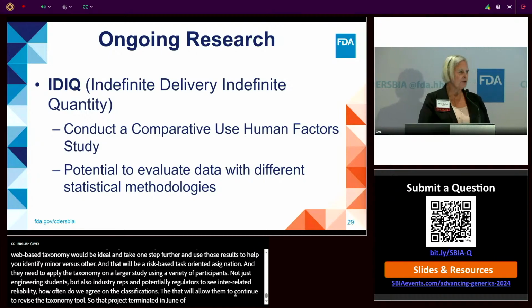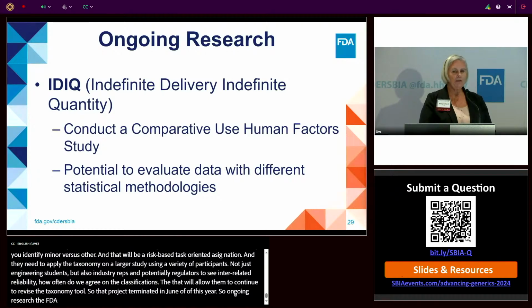And so what ongoing research does the FDA currently have in the human factors space? What we have is an IDIQ, or an indefinite delivery, indefinite quantity contract.